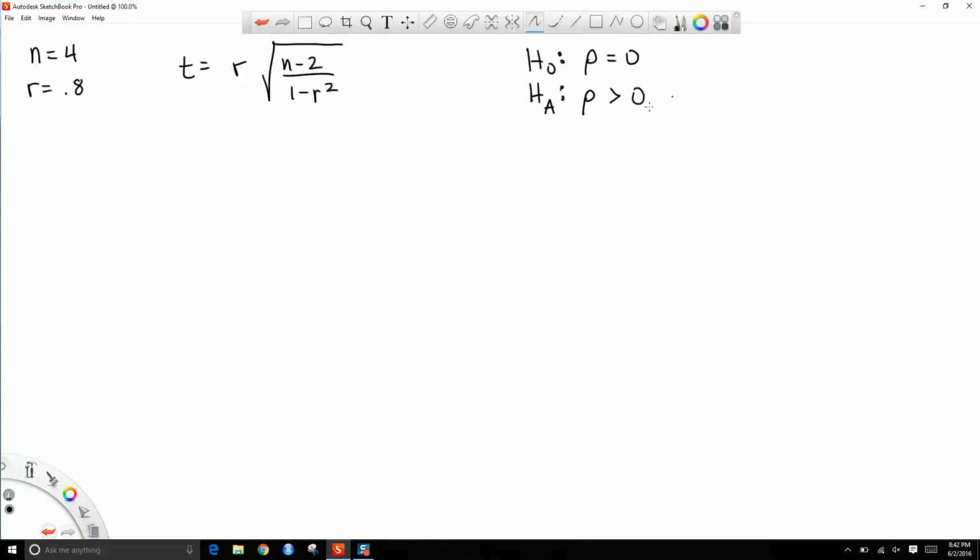So this means there's no correlation between the number of bedrooms and how many closets you have.